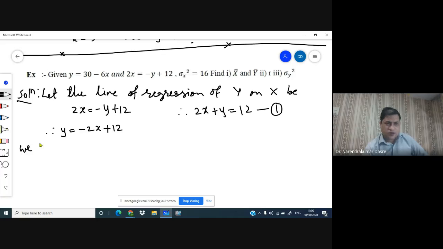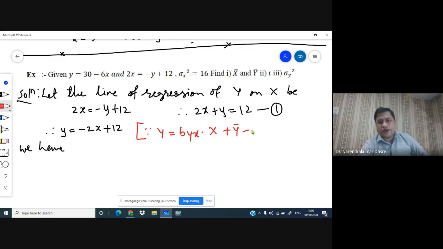Hence, since we know y is equal to byx into x plus y bar minus byx into x bar, this is the equation of the line of regression of y on x.